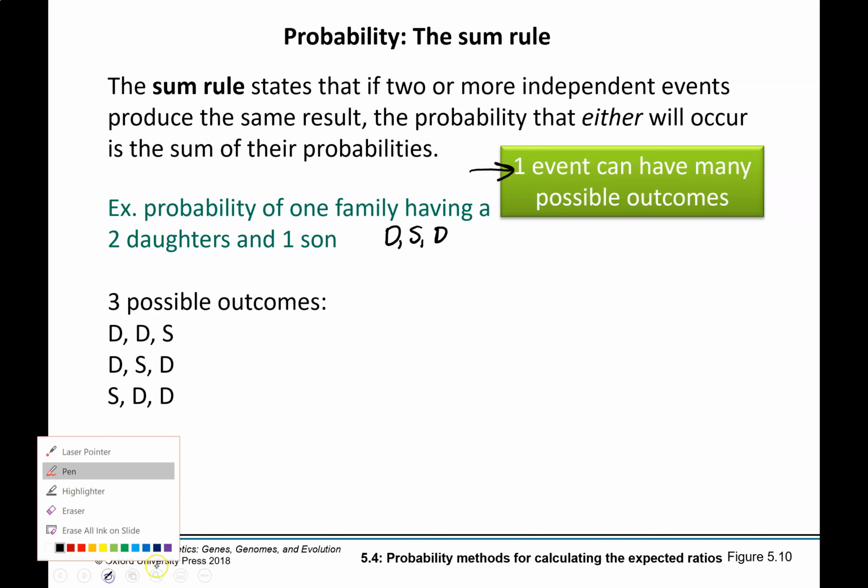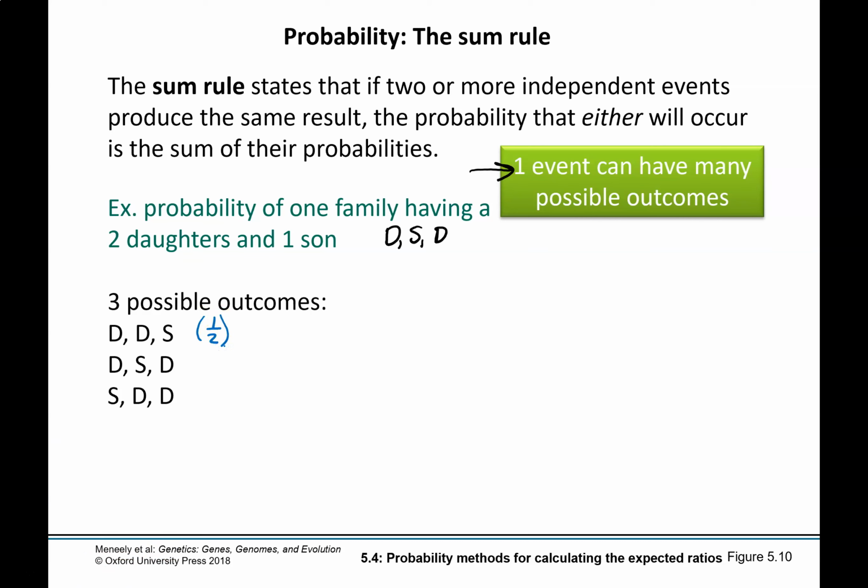So the chance that we are going to have daughter, daughter, son is a 1/2 chance to have a daughter, and then a 1/2 chance to have another daughter, and then a 1/2 chance to have a son, which is equal to 1/8. Daughter, son, daughter, we already calculated.